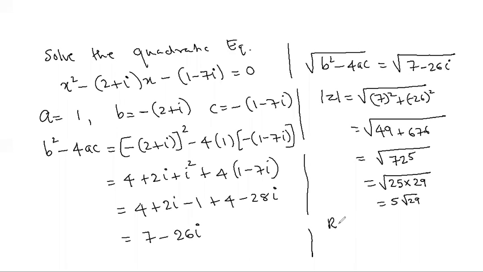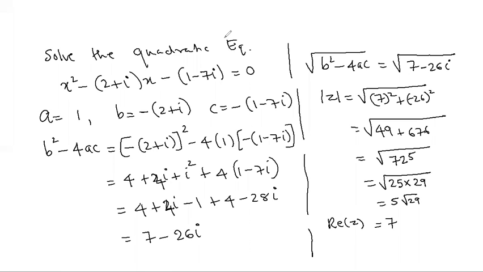Then real part of Z. 7 square. Very complicated answer we have got. 7 minus 24i. Just calculate this. Oh, here I made a mistake. Yes, exactly, it's actually 24i.